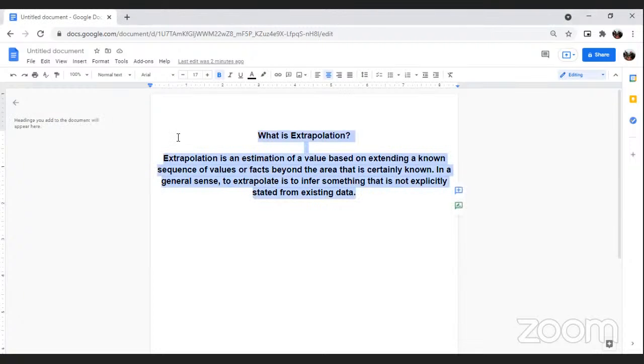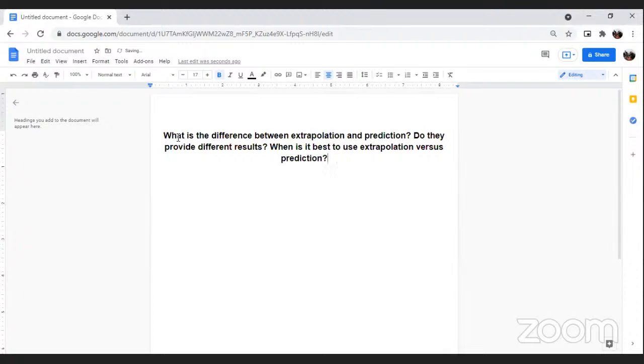Okay, let's go to the next question. It's basically a series of questions. Here you go. What is the difference between extrapolation and prediction?